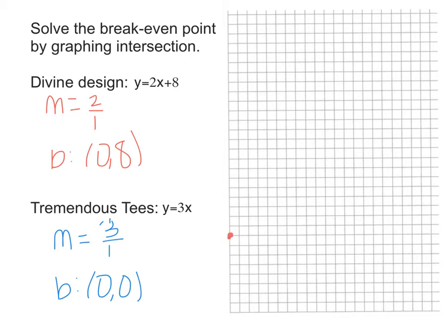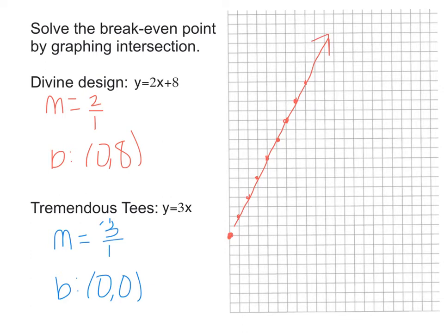And then to make my next point, I go up 2 over 1, up 2 over 1, and I'm going to continue doing this. And then I'm going to connect my points with an arrow on the end showing that it will continue.